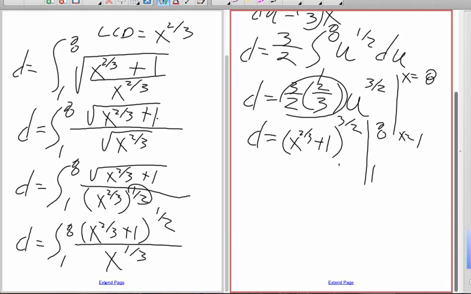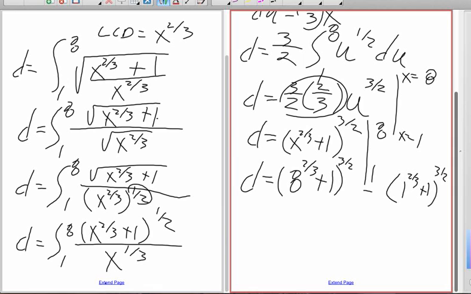So now I just plug these numbers in. So that's going to equal 8 to the 2/3, which is the cube root of 8, which is 2, squared, which is 4, plus 1, to the 3/2, minus, and then I've got 1 to the 2/3 plus 1 to the 3/2.